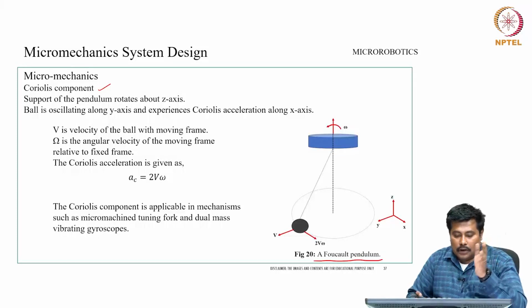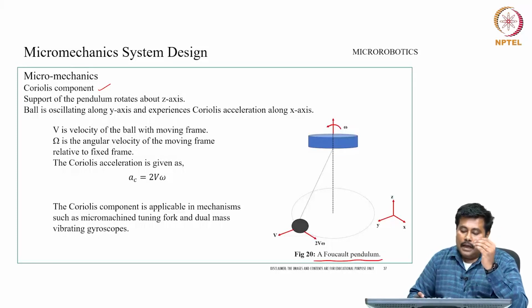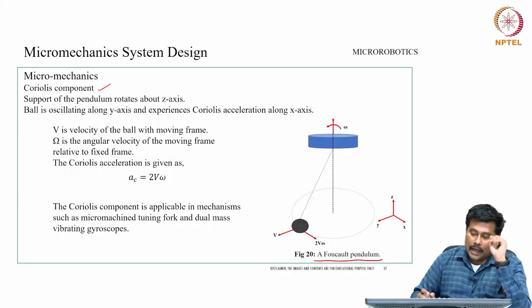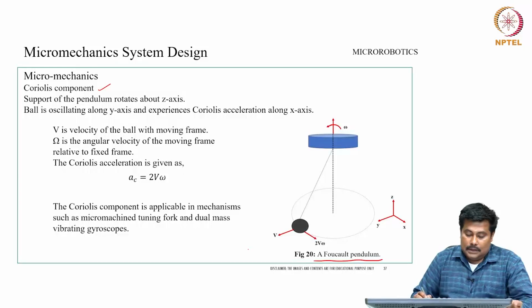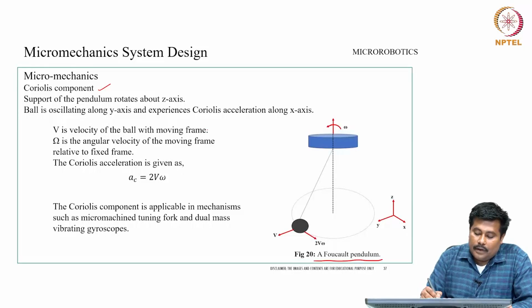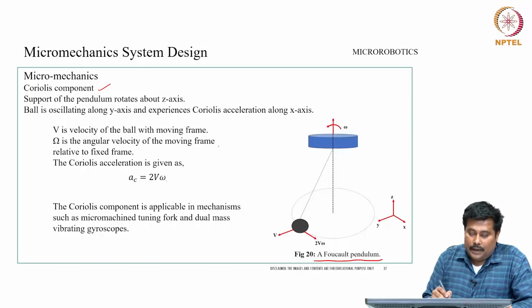The ball is oscillating along the y axis and experiences a Coriolis acceleration along the x axis. Let us consider v as the velocity of the ball in the moving frame, omega as the angular velocity of the moving frame relative to the fixed frame, and the Coriolis acceleration is given by AC equals 2v omega.